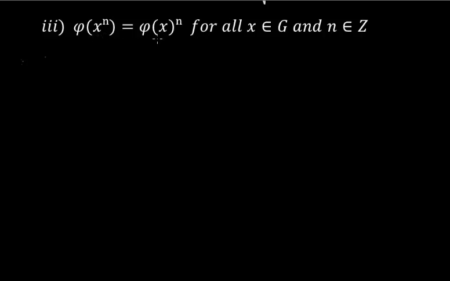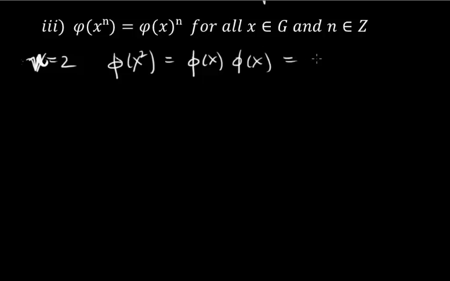And when n is equal to 1, phi of x equals phi of x. So for n equals 0 and 1, there's nothing to prove. So let n be equal to 2. So phi of x squared equals, well, it's a homomorphism, phi of x times phi of x, which is phi of x squared. So we're done with n equals 2.